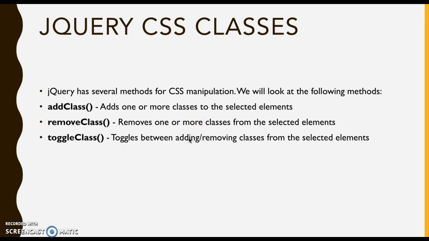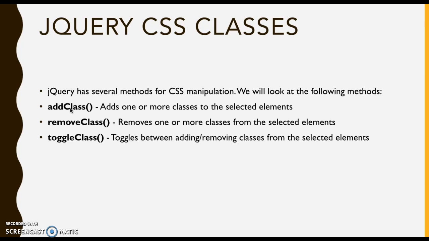So these are the three different things I found as I reviewed and researched jQuery CSS classes. The three things you can use to manipulate your CSS are: you can add a class, which is a way to add styles to your HTML through the click of a button, or you can remove a class, or you can toggle a class, which is a way to add or remove depending on when you click it.